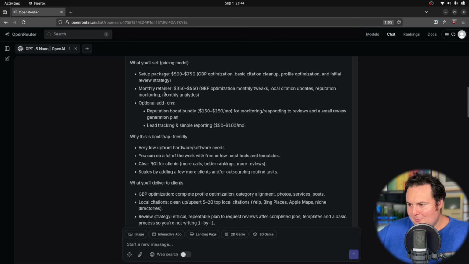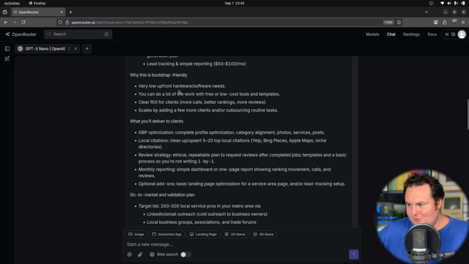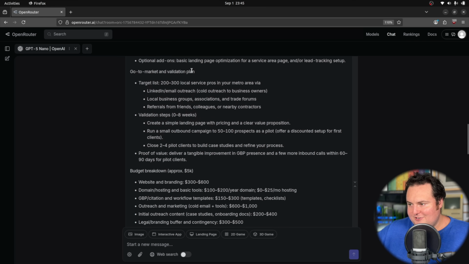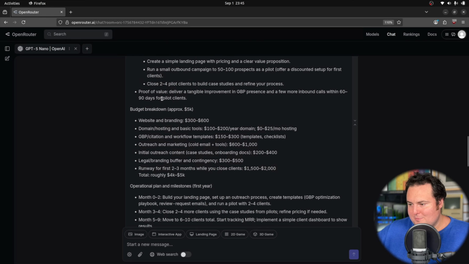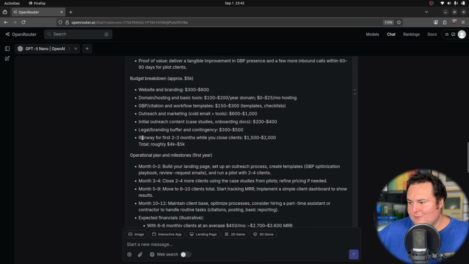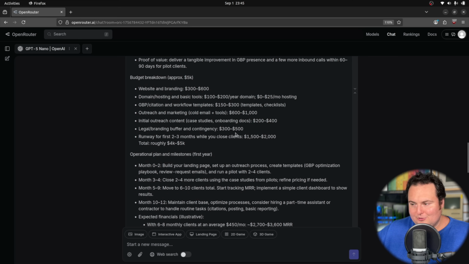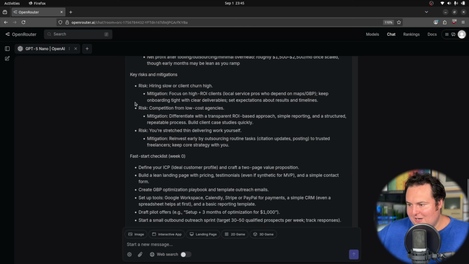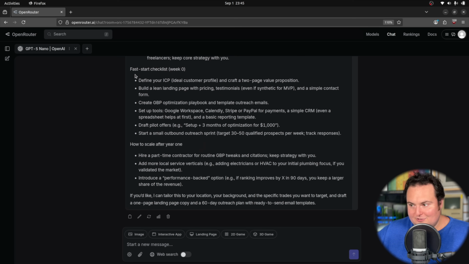It's giving me a pricing model, telling me why it's bootstrap friendly, what to deliver, a go-to-market and validation plan, and a budget breakdown. Did this give me runway? It did: runway for the first 2 to 3 months while you close clients, so that's good to see as well. Operations plan, risks and mitigations, and a starting checklist.